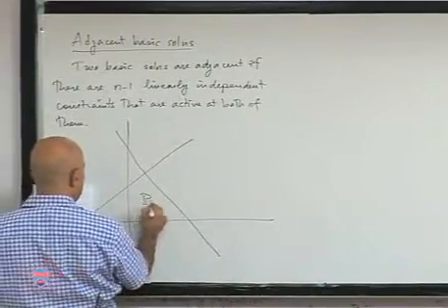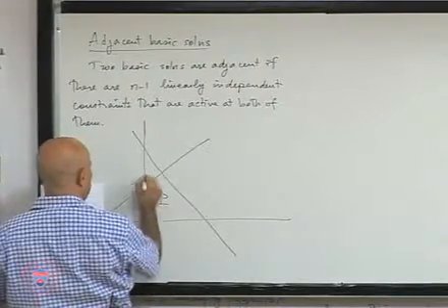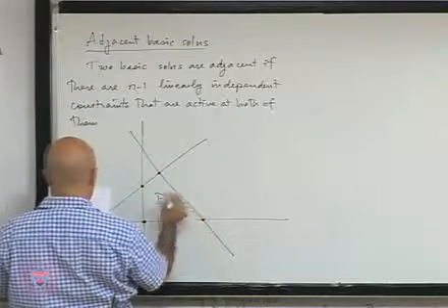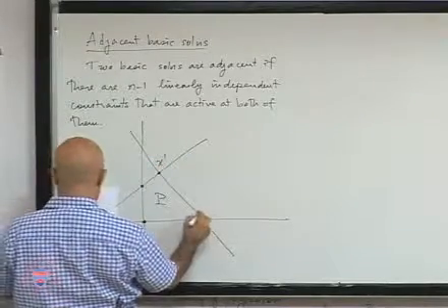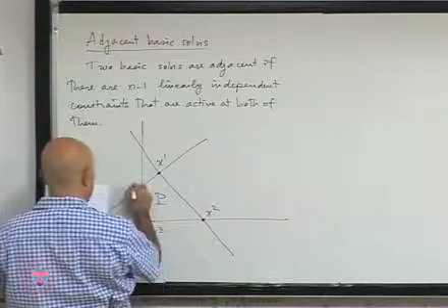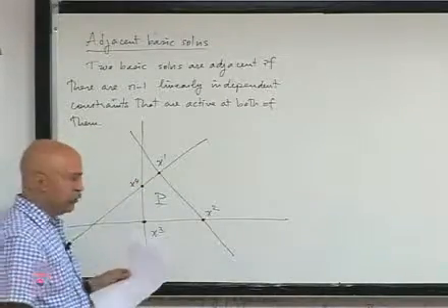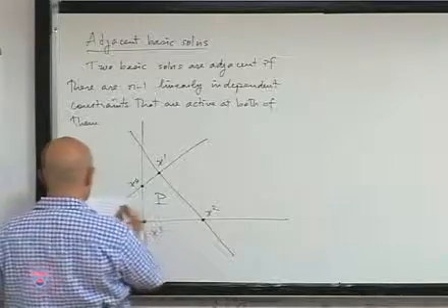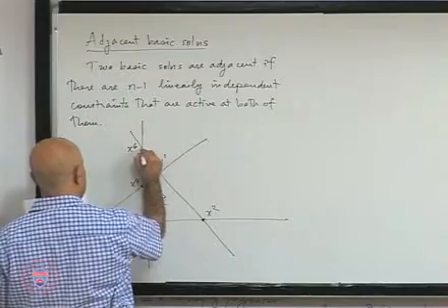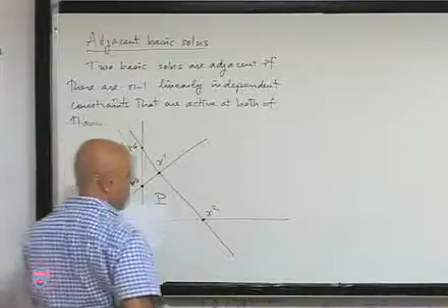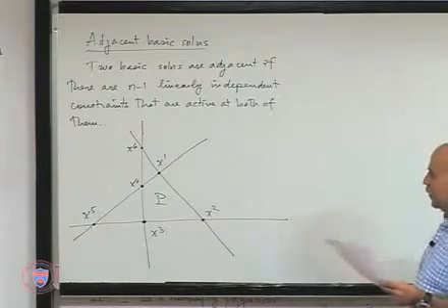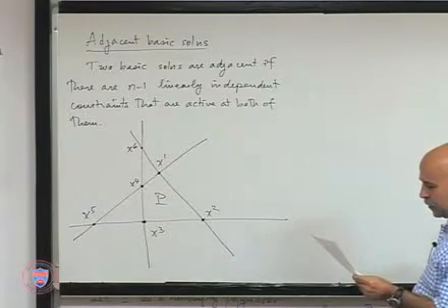So P is here. Let me call these points x1, x2, x3, x4. These are the extreme points of P. And let's call x5 and x6 here basic solution points that are outside of the polyhedral set.